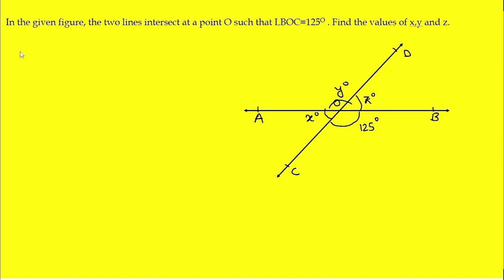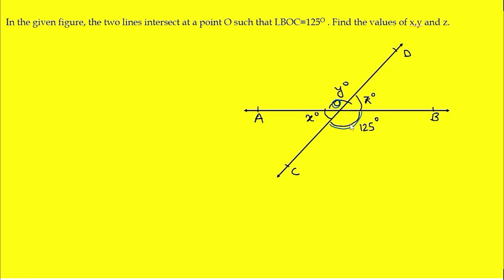The next question is, in the given figure, the two lines intersect at a point O. These two lines AB and CD intersect at this point O, such that angle BOC is 125 degrees.